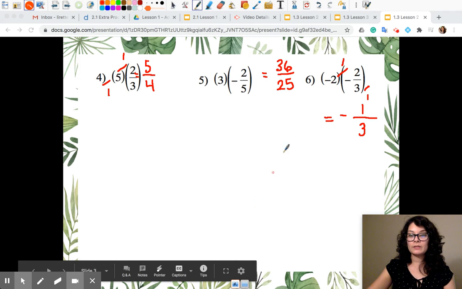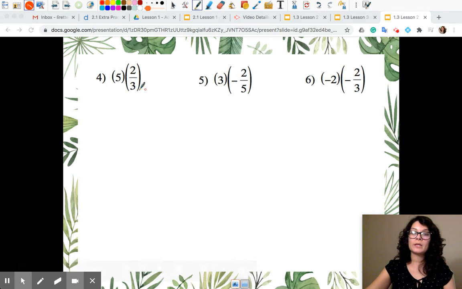Let's take a look at some examples where we have some integers. When you're multiplying an integer with a fraction, very easy. All you do is you put it over 1 to make it look like a fraction. So this becomes 5 over 1 times 2 over 3. And I can do the problem just like in the last slide. I can check if the 5 reduces with 1 or 3. It doesn't. I can check to see if the 2 reduces with 3 or 1.